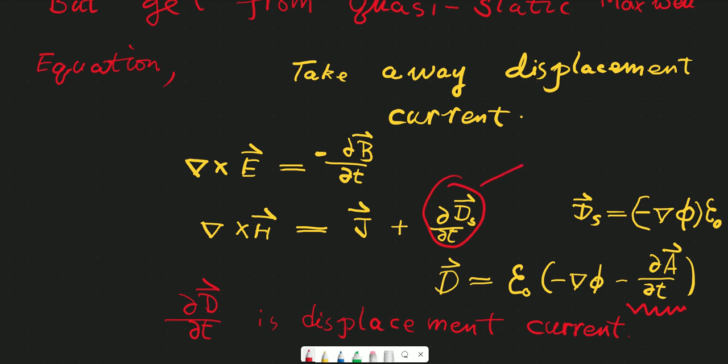So this is not, it is also displacement current, but not total, not all displacement current. It is only part. This is the static part of displacement current.